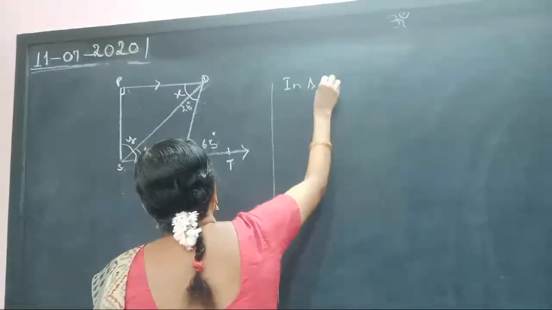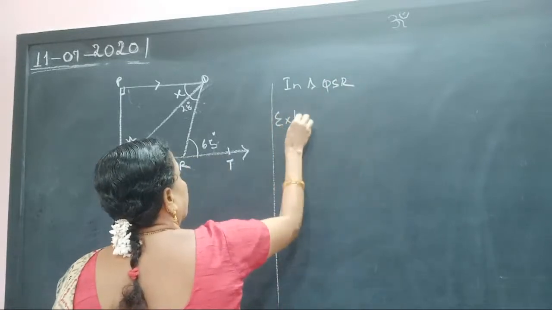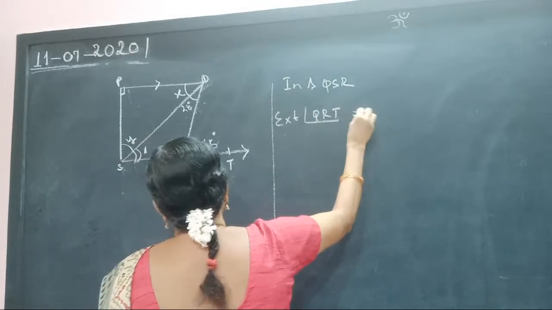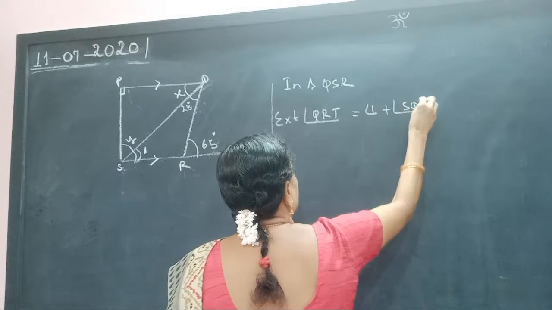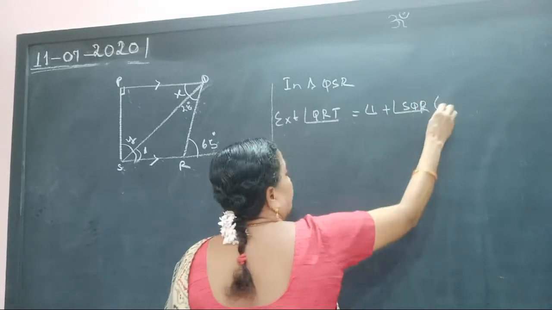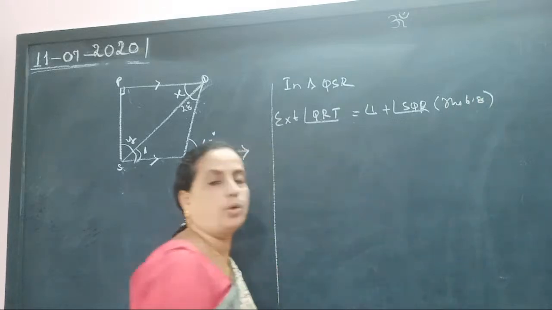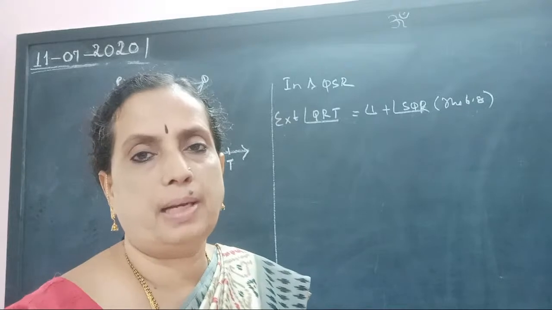In triangle QSR, exterior angle QRT equals angle 1 plus angle SQR. Theorem 6.8. So don't go with only the answer. We need the steps in a clear method.